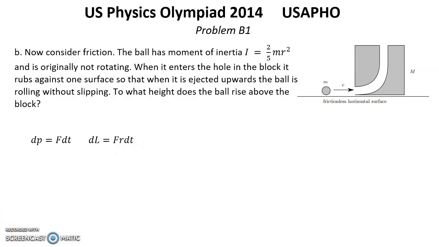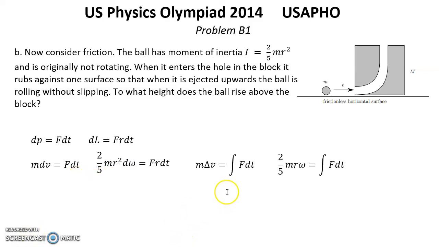Here we have the force of friction, which is not constant, but still we can do an integral for both of them. Basically, as a result, we have the same integral for both equations, and we can just equalize both left parts. So we have delta v equal 2 over 5 r omega.